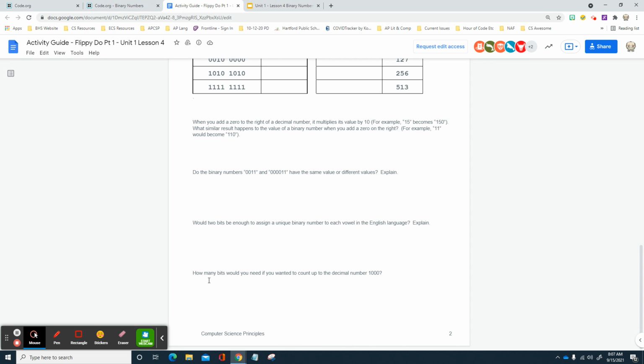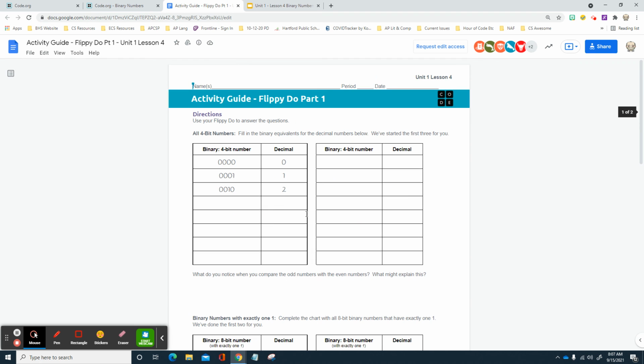Find out. How many bits would you need if you wanted to count up to the decimal number 1,000? So how many bits, how many places to get up to the decimal number 1,000? None of these are easy answers. You do have to work with your partner to figure it out. You may work in pairs, but you're each going to hand in your own work after today. Best of luck, and thank you for watching.